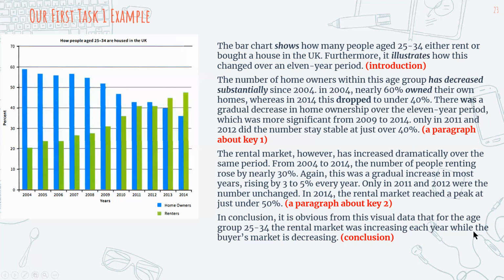The rental market was increasing each year while the buyer's market is decreasing. I didn't say homeowners, I said buyer's market, because when you own a home, you buy it. So there's a market for buyers. So this is the conclusion.